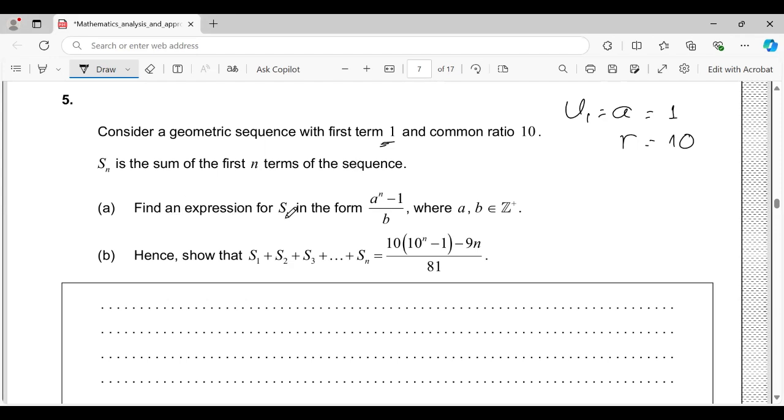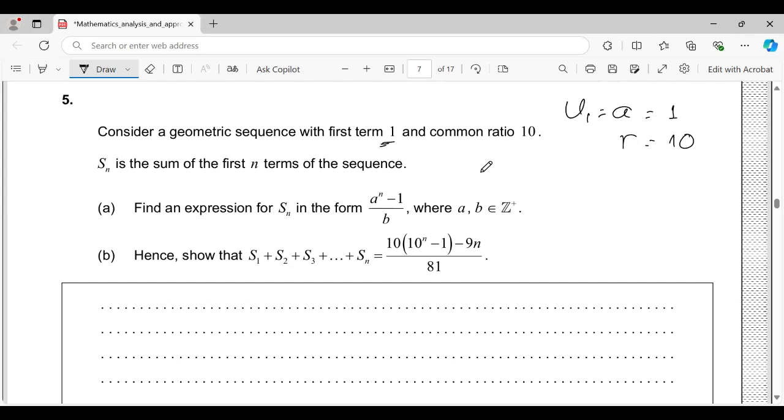Find an expression for Sn in the form a to the power n minus 1 over b, where a and b are constants.